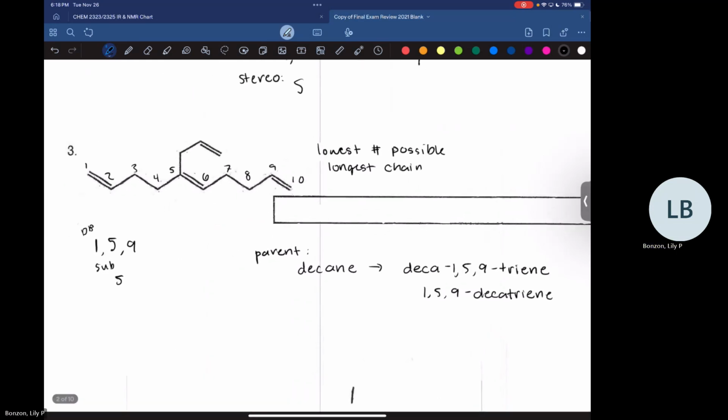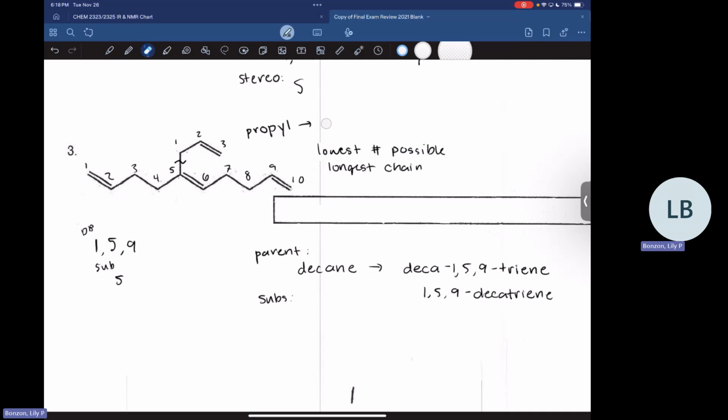So for our substituents, the only substituent we have is coming off of carbon 5. So we always number our substituents starting from the carbon they're attached to the main chain. So we get a 3 carbon chain, which would be a propyl. And then it has a double bond starting at carbon 2.